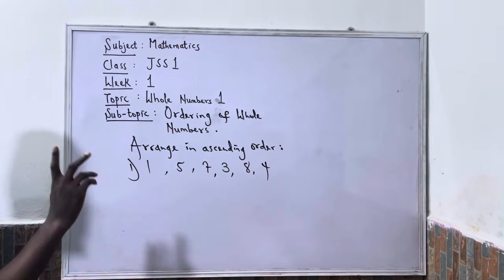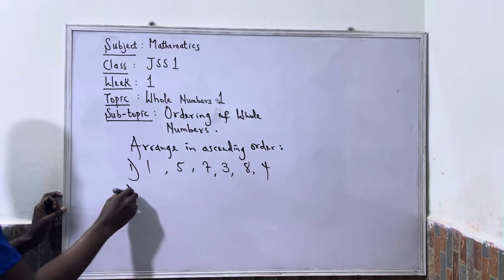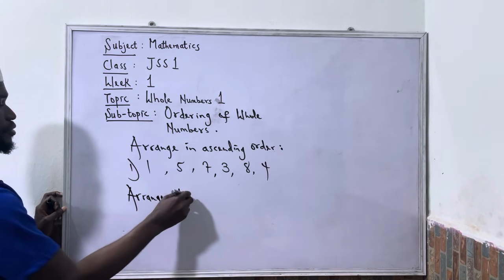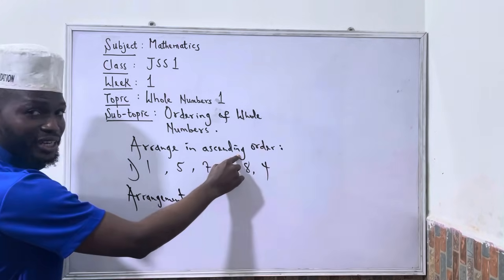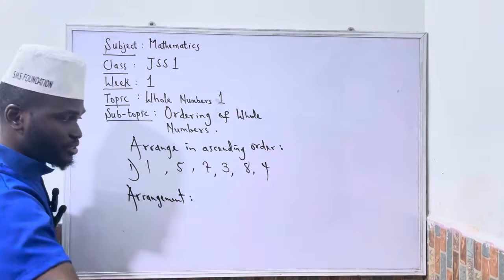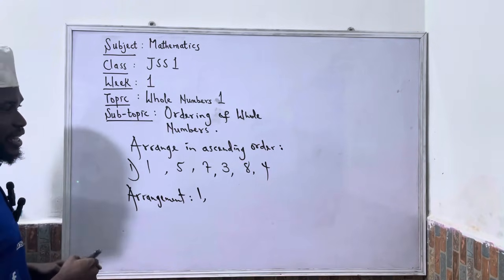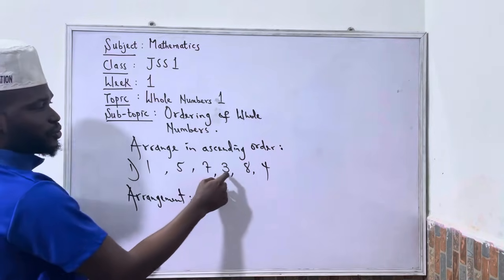So let's start from the smallest. Since it is ascending order, it means from the smallest to the biggest. The smallest here is 1. Next, if you look at the other numbers, the next one that must follow has to be 3.